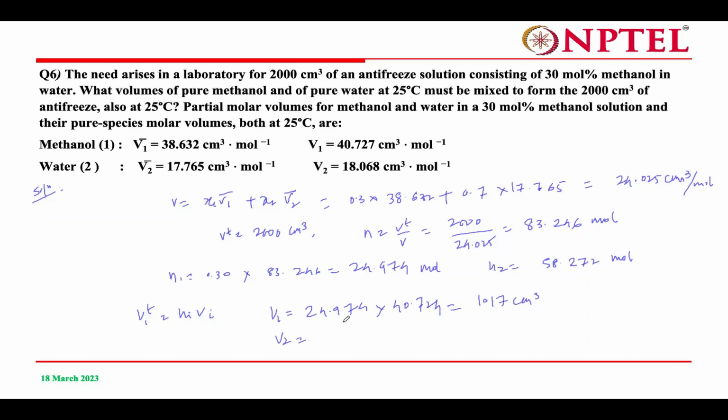For water, 1053. This is the volume of pure methanol and pure water that must be mixed to form 2000 centimeter cube of antifreeze.